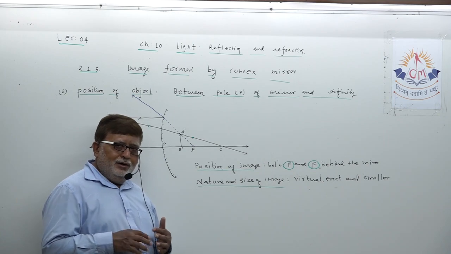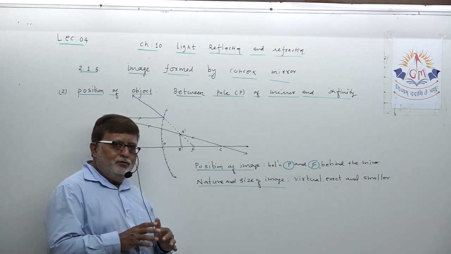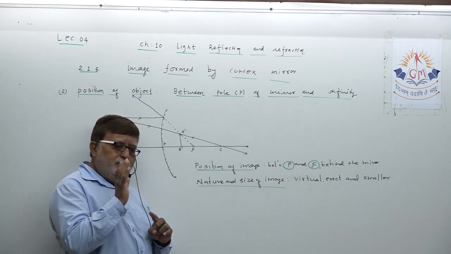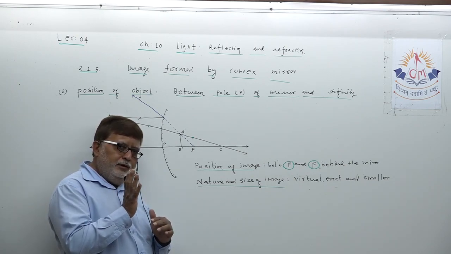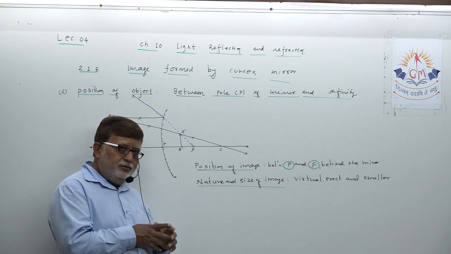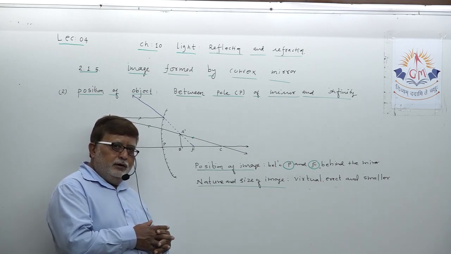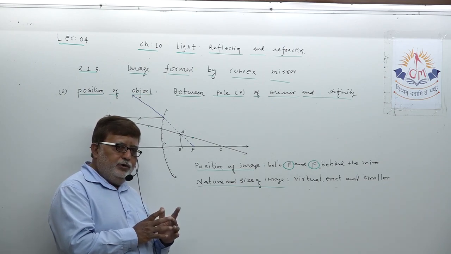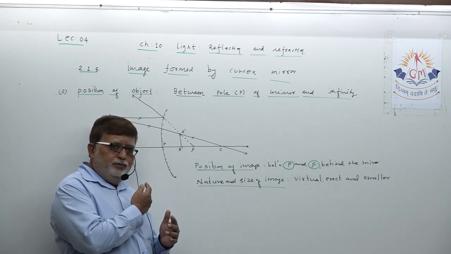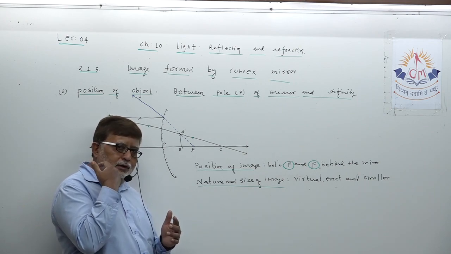One thing again, get it clear in your mind, dear student: if the object is brought nearer and nearer to any mirror, I must say, the size of the image grows bigger and bigger. Here the object was first at infinity.